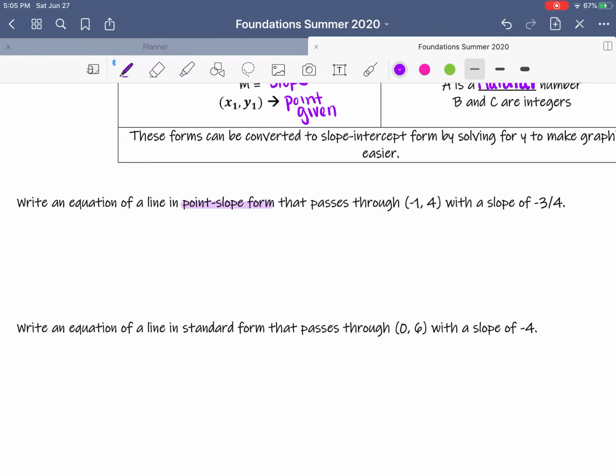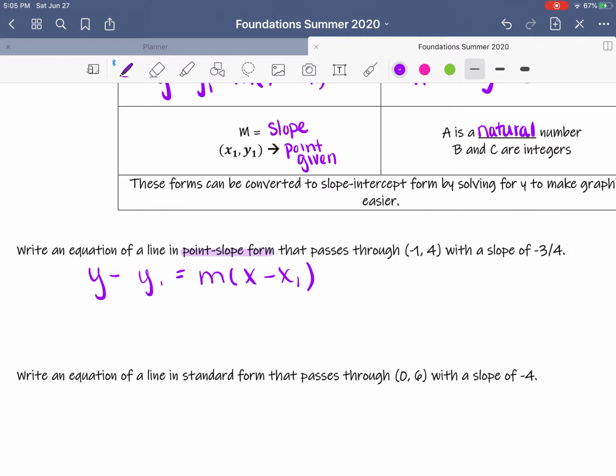Let's write that form out so that we can substitute our information in. The point given, x1, y1, will go into these places, so this point will be subbed in, and the slope will be subbed in for m.